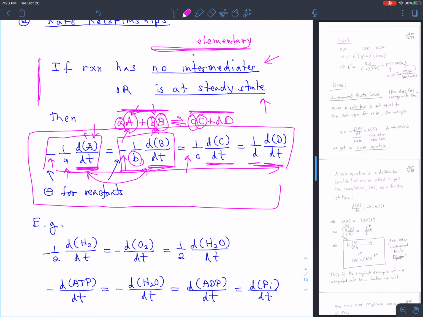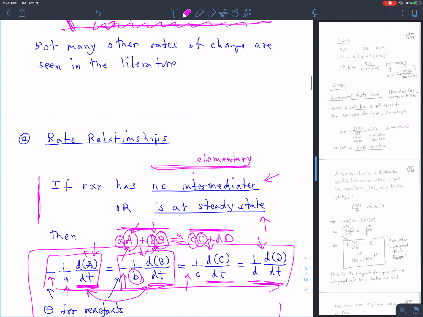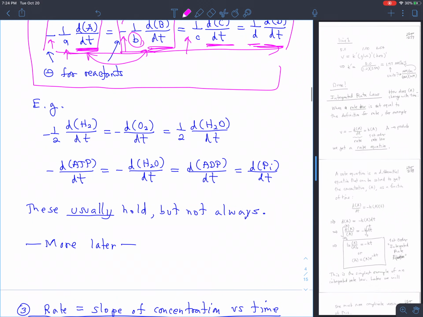Whenever I lose a molecules of A, I also lose b molecules of B, and I also gain c molecules of C, and I also gain d molecules of D. So all these rates are related. There are all these 4 rates up here, but once I know one of them, I know them all. They're not independent. So I can choose any one of them, and any one of them will be just as good as any of the others.